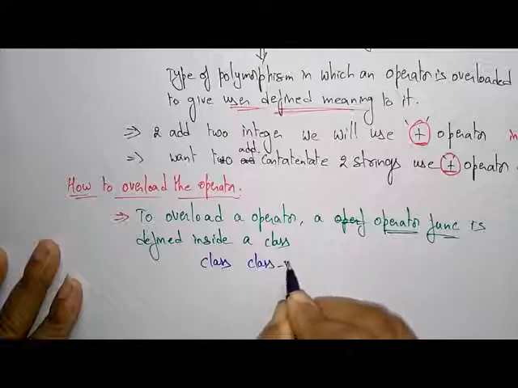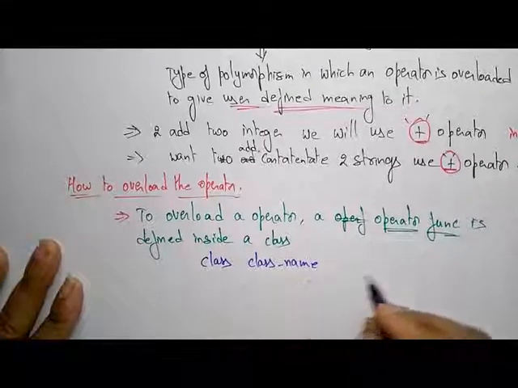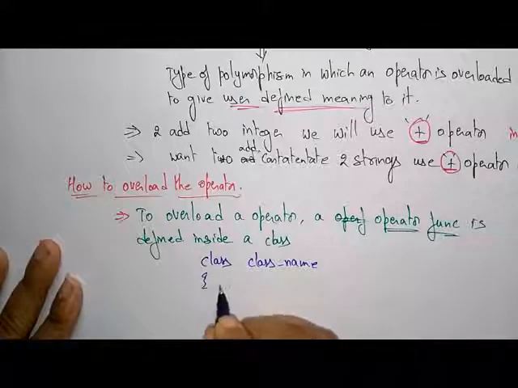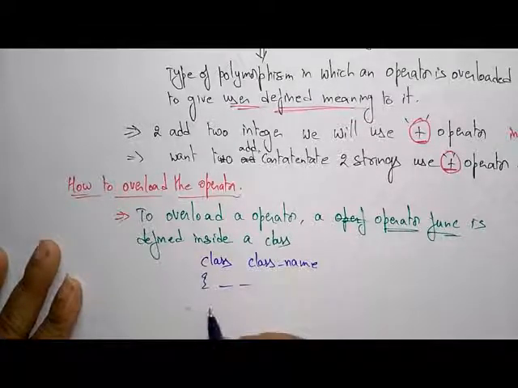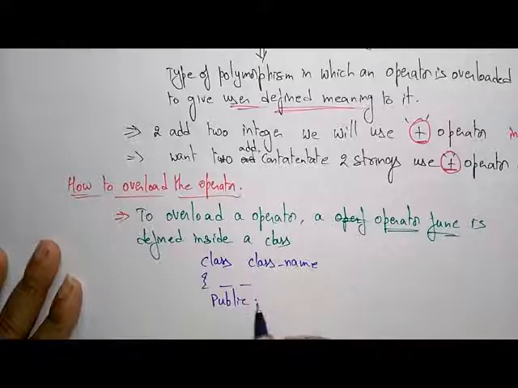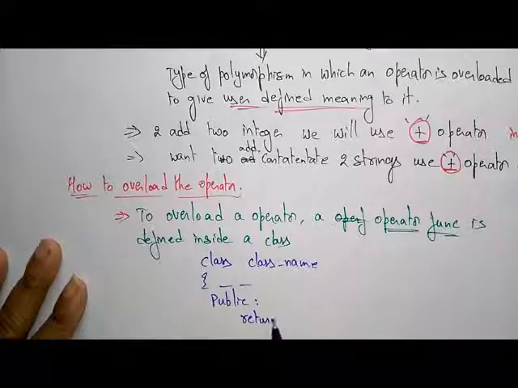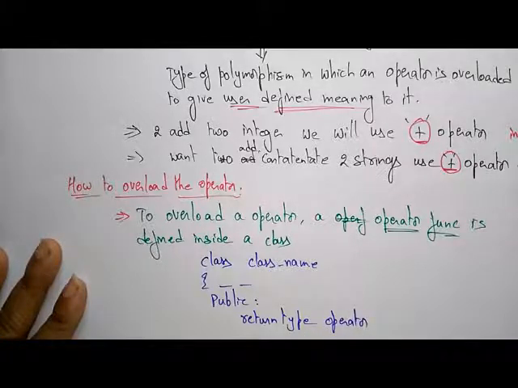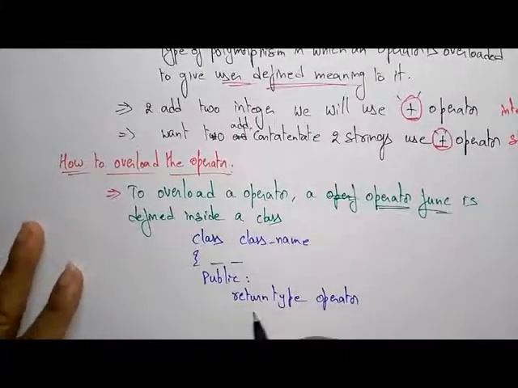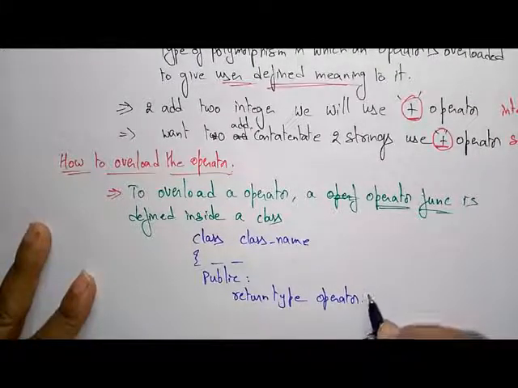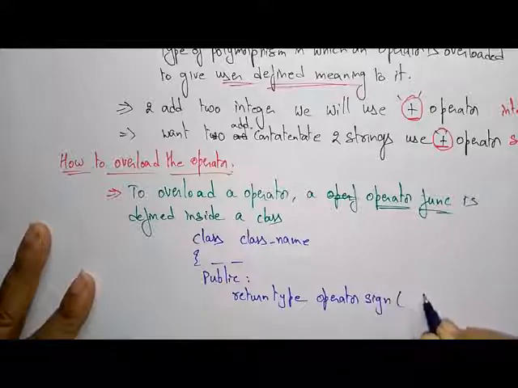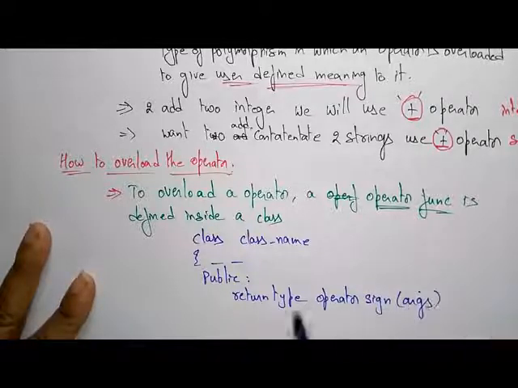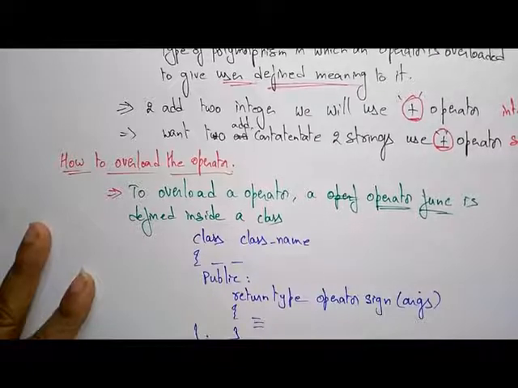Here is the syntax I'm writing for the operator overloading. Class name, just declare the data members, and in public, mention the return type, then use the operator keyword with the operator sign, whatever operator you want to overload, before the arguments, and write the function definition, then close the class.